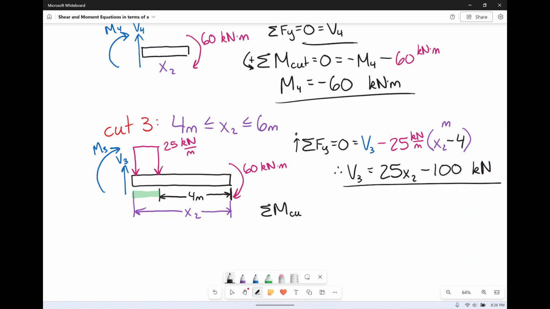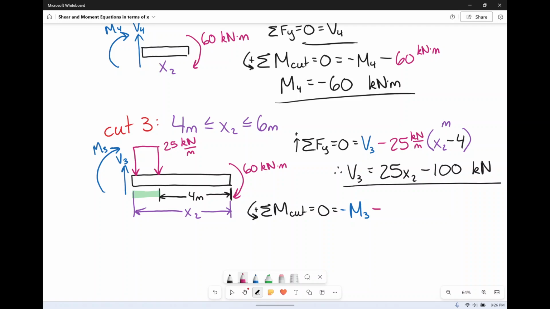So let's set up this moment. We're going to sum the moments about the cut, unfortunate as this starts to sound, and set it equal to 0. What do we have? Well, we do have that moment 3 is going in the wrong direction. So we have minus moment 3. That's a great start of things. Then we have that lovely distributed load, and it's also going in the wrong direction.